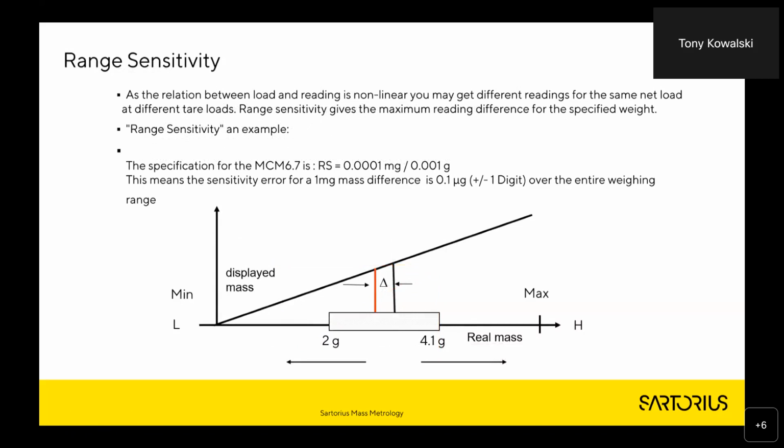So this is what we mean by range sensitivity between A and B. So for example, on a particular comparator that has a readability of 7 decimal places, the range sensitivity, the linearity error between A and B, the maximum should be 1 milligram. So this is the range sensitivity. It's 0.1 of a microgram in 1 milligram.